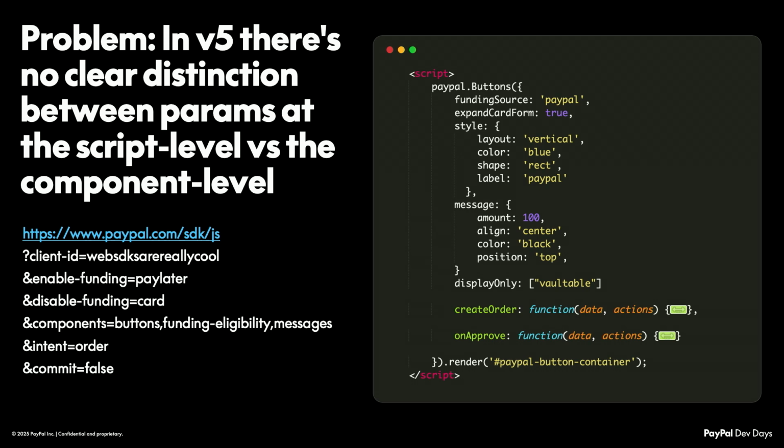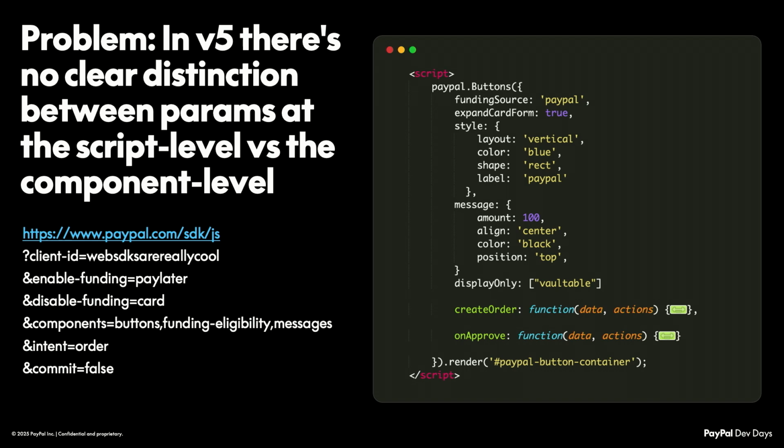That's a pretty long string. There's a lot of things in there, your client ID, enable funding, disable funding, and so forth. Then we also have the buttons object, where we put another layer of component level configuration. You got your funding source, expand card form, style, so forth. If this is your first time looking at this interface, it's pretty confusing.